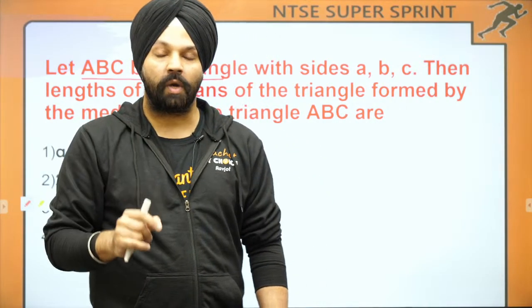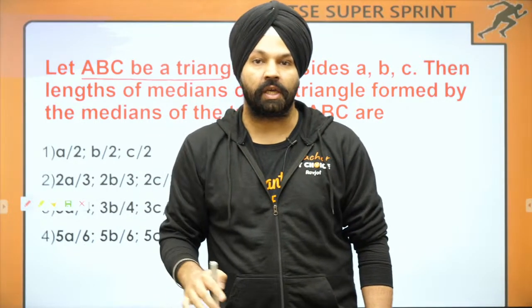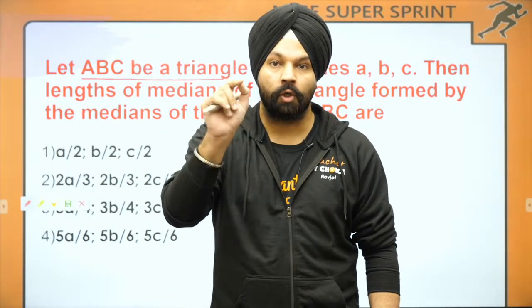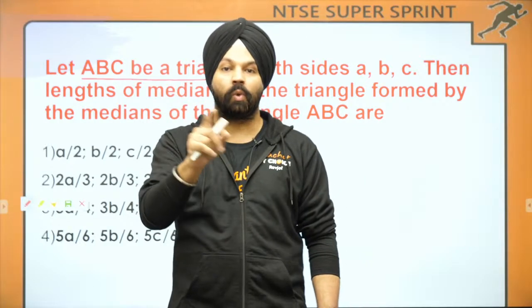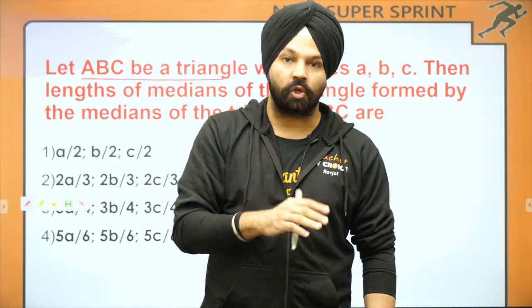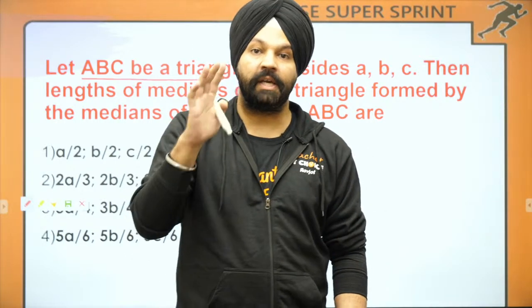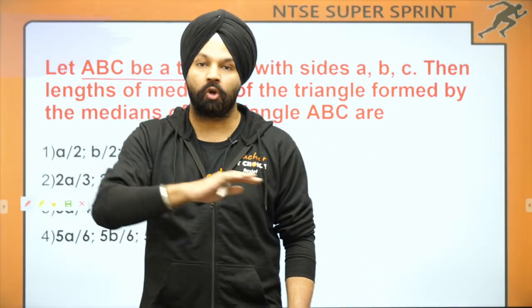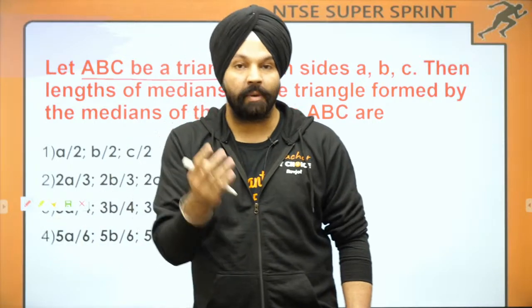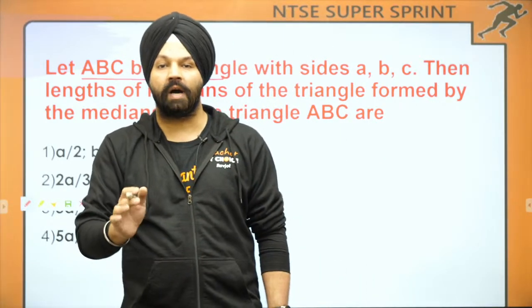So whenever a question says there is a triangle with sides a, b, c, it is always good to suppose the triangle to be equilateral, because triangle is a generic term. Whatever result you get will be a universal result, applicable on all, right? But common sensically, if I pick an equilateral triangle, I can make the question easier.